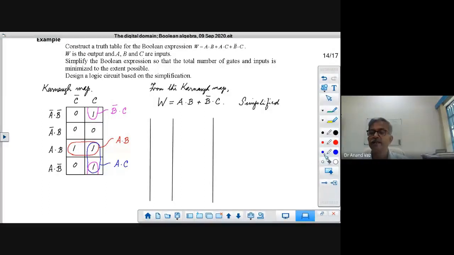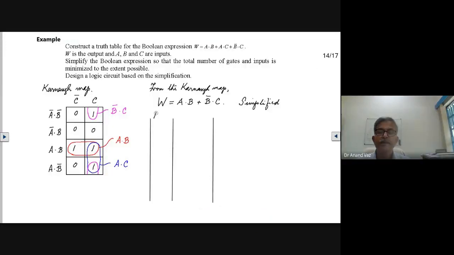We'll have one AND gate for A and B. So we'll write here A. We have B here, and we have C here.